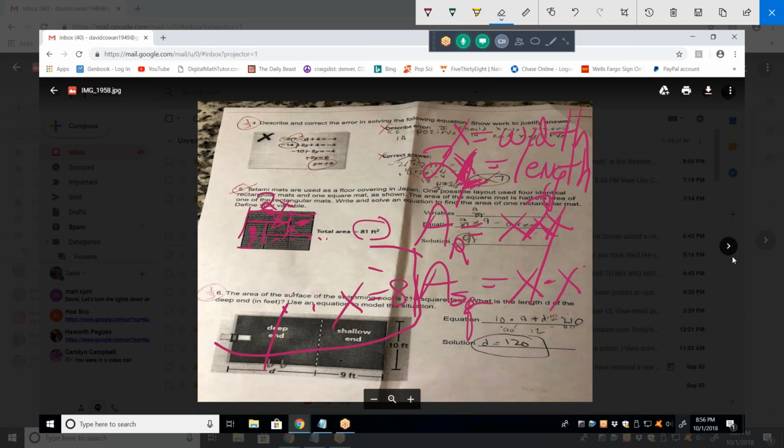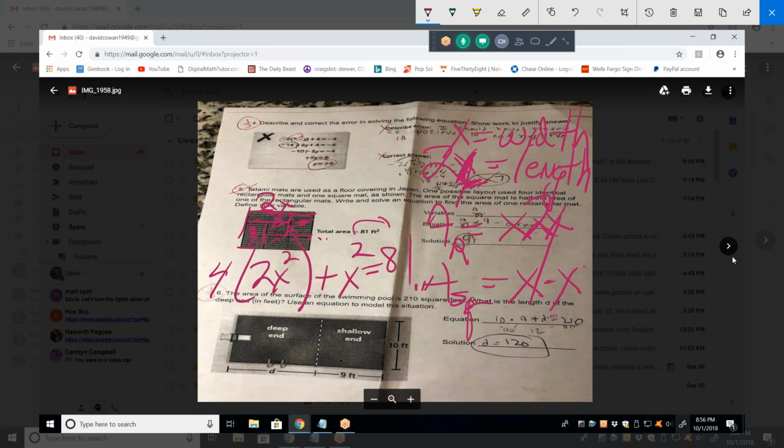Okay, so now here's the equation they're looking for. The area of each rectangle is 2X squared. The area of that square is X squared, and all of that's equal to 81.